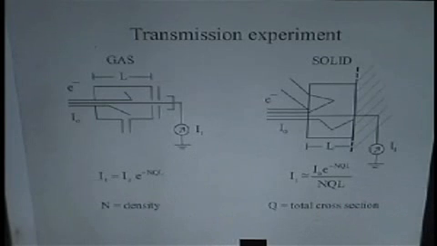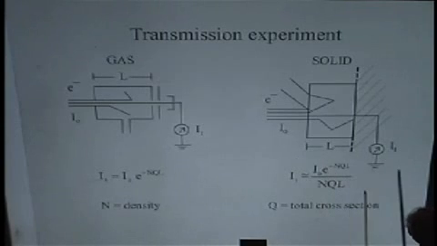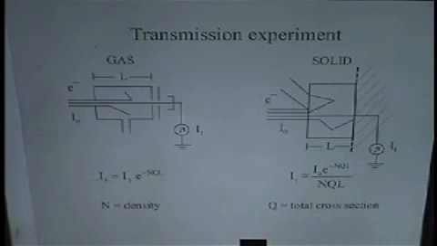So in George's lab, having found many Fano resonances with this technique, I thought it would be nice to look in the solid phase to see if there were any resonances.